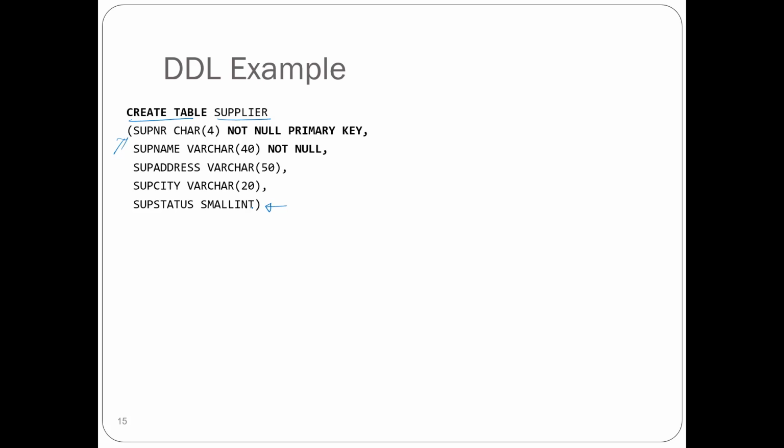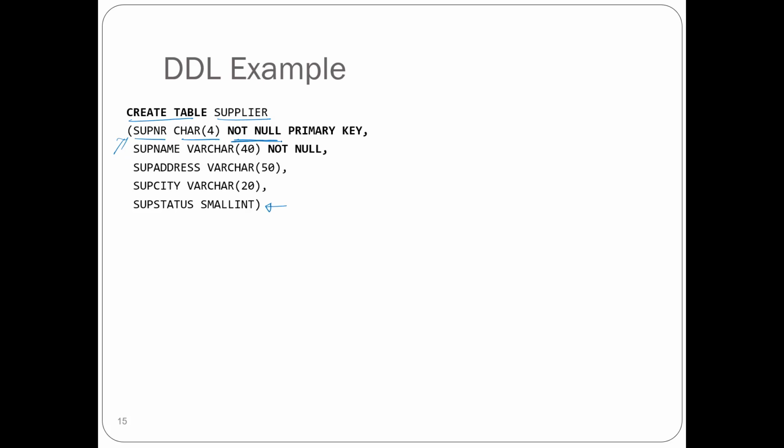These outer parentheses will enclose all the columns that we will have for this table called supplier. Now for each column, let's start with supplier number, SUPNR. SUPNR is char 4, that means we are allowing it to be a string of maximum 4 characters. This is not null. This is a primary key.